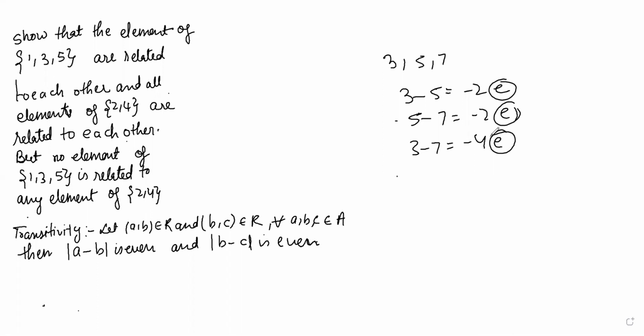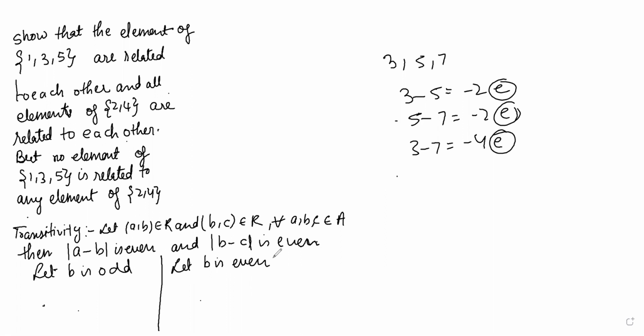So what we are doing is, very cleverly, taking B as any one element. Let us assume B is odd, and let B be even.